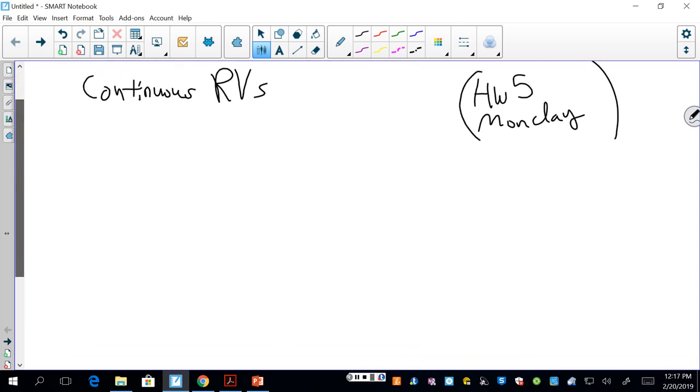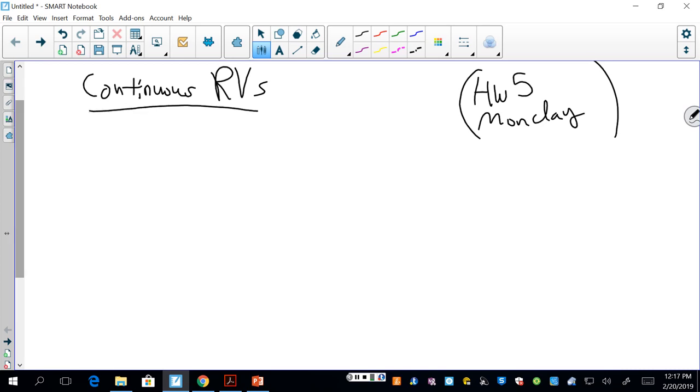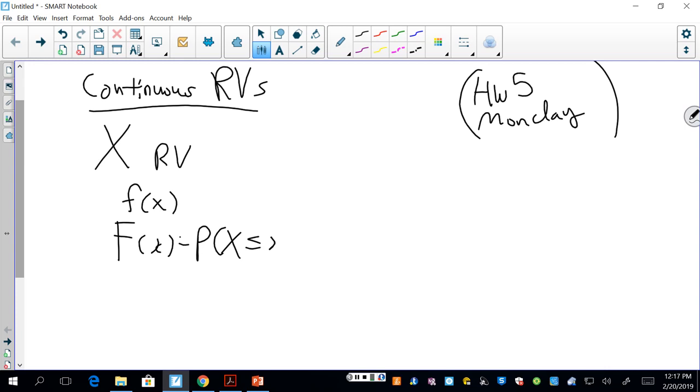Right? We've looked at continuous random variables in a general case. If X is our random variable, the probabilities are continuous, and they can have a probability density function. They can have a cumulative distribution function, the probability that it's less than or equal to x.